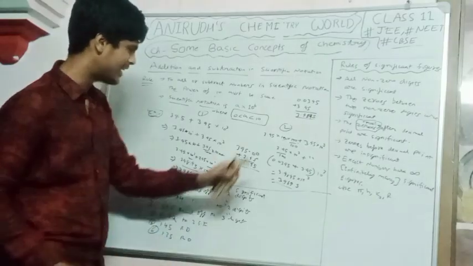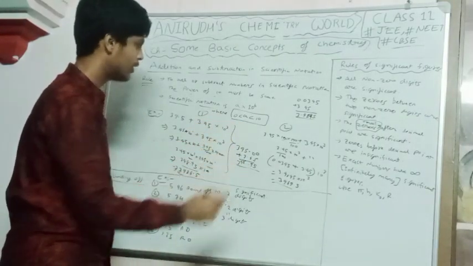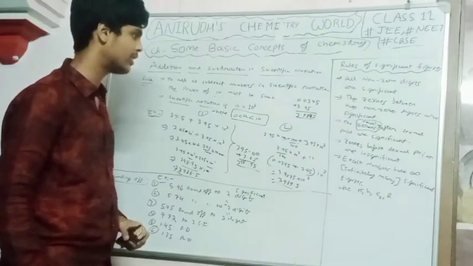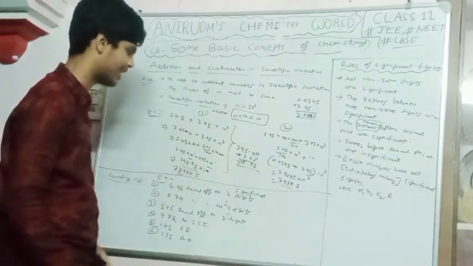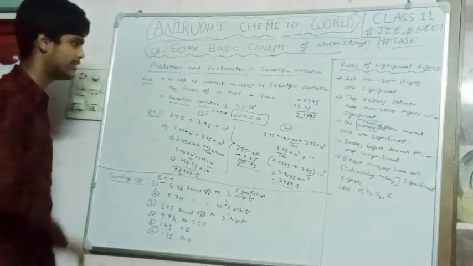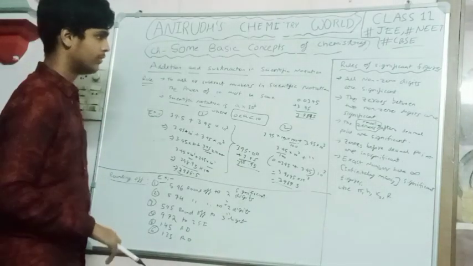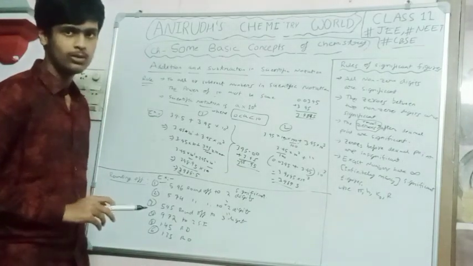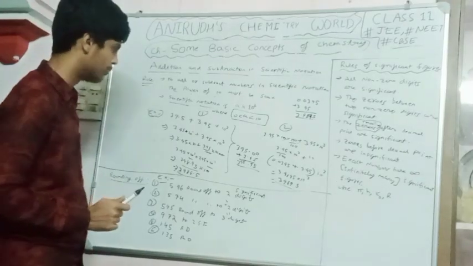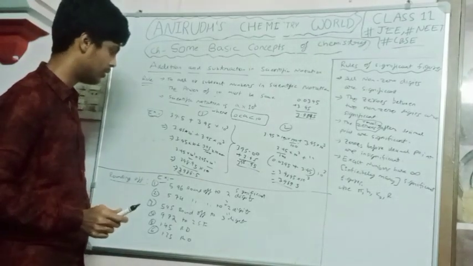But I prefer this method because if the zero comes before the decimal point, it's difficult to calculate in your mind. Now just note this down. These are the rules which are also useful in your MCQ type models and also board level questions.